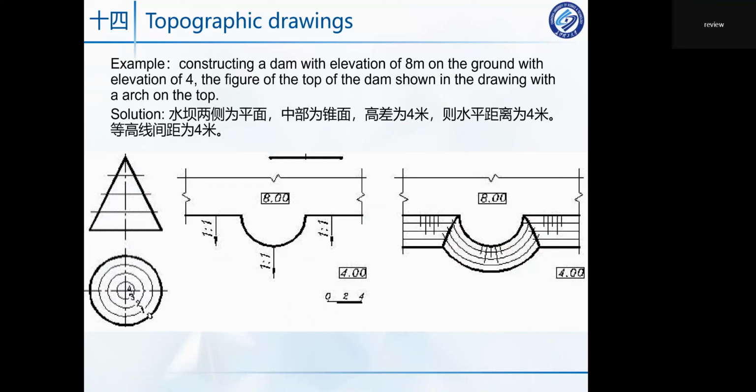It's a dam. So now we are going to draw the surface of the dam, the slope of the surface.